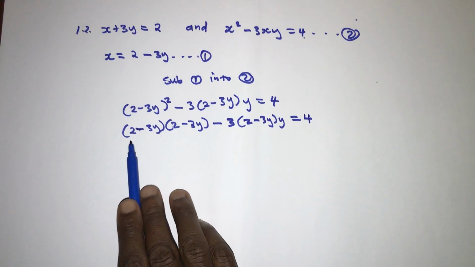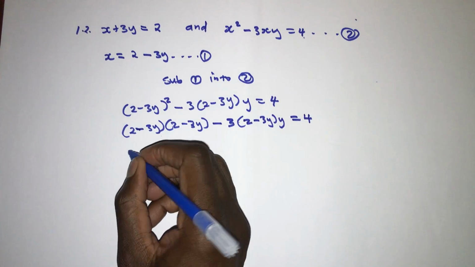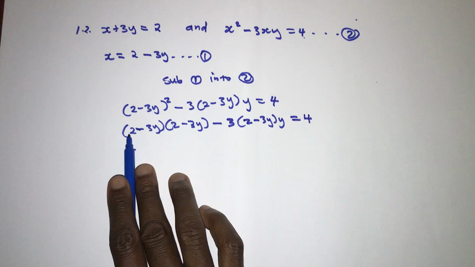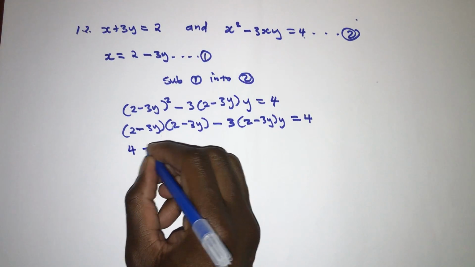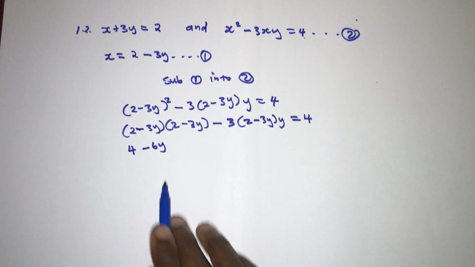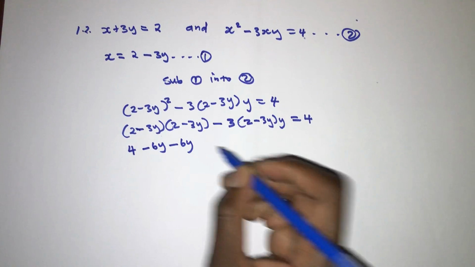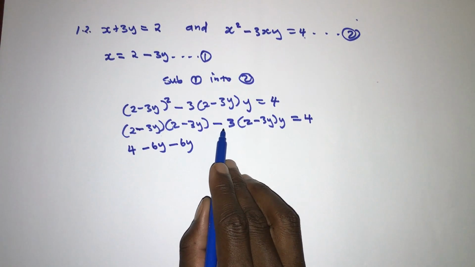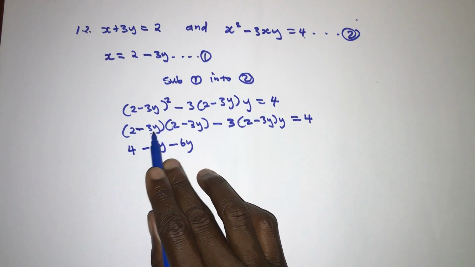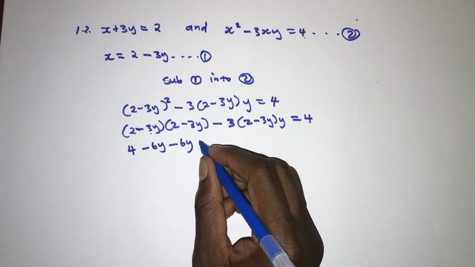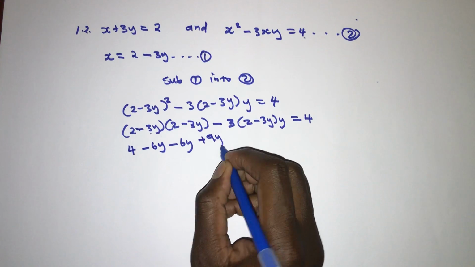So 2 times 2, this is 4. 2 times negative 3y, this is minus 6y. Negative 3y times 2 is minus 6y. Negative 3y times negative 3y is going to give us positive 9y squared.